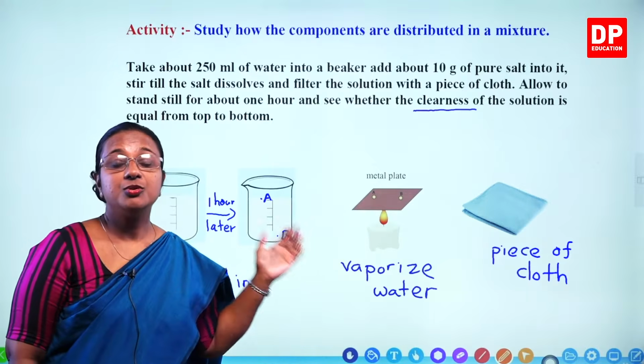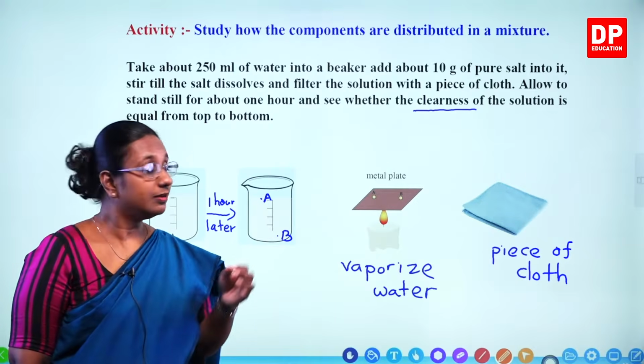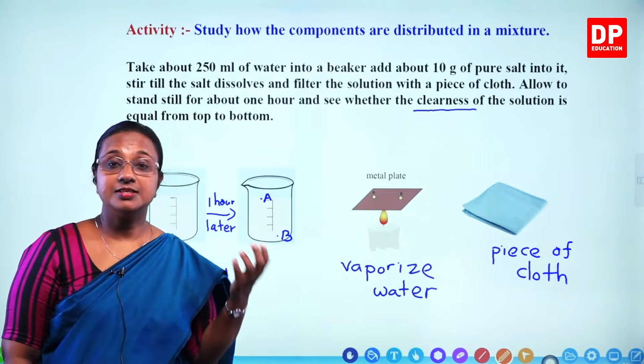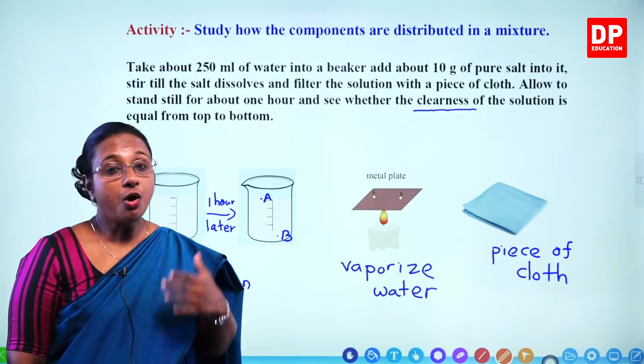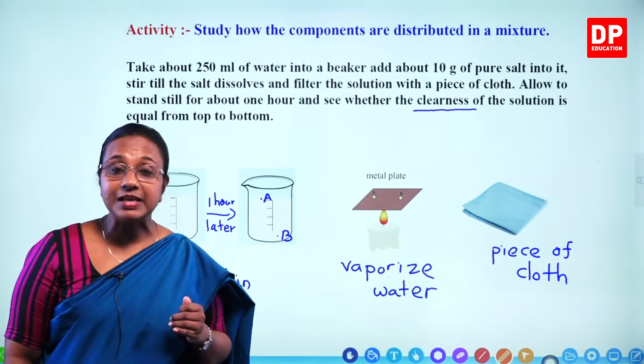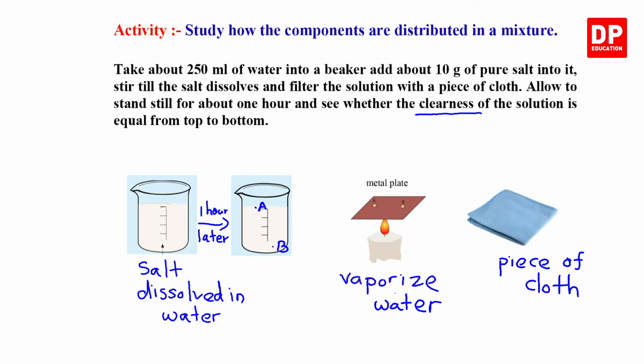So once you do this activity, you can see whether this solution is similar to the previous solution, that is the clay mixture, or whether this is completely different from the clay mixture. So let us look at these observations.